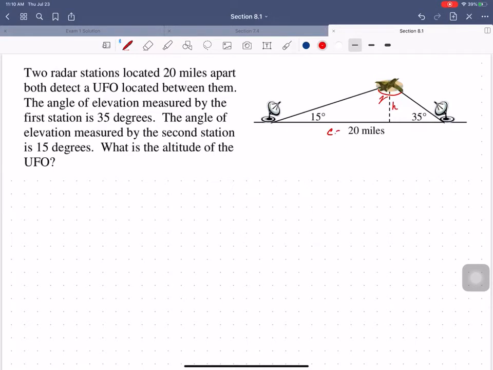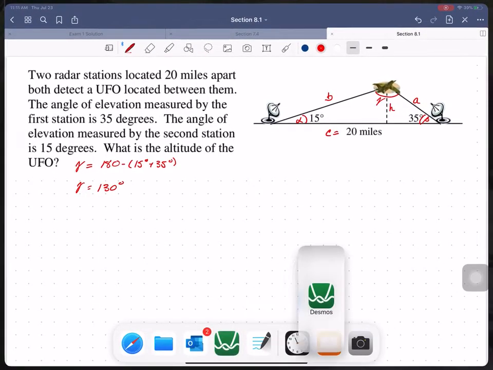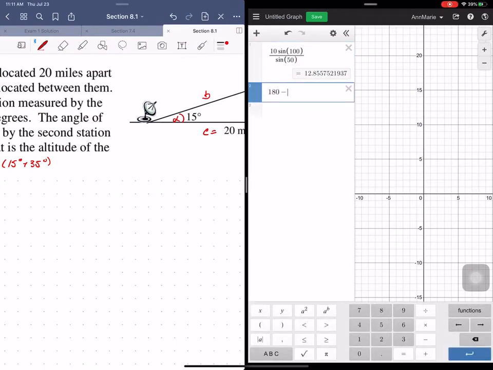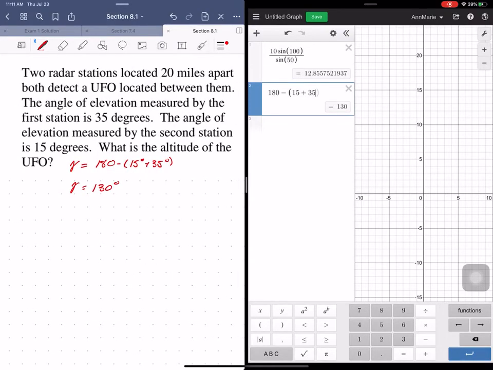That makes this C. This will be alpha, this will be beta, so this side is A and this side is B. I know that gamma is 180 minus 15 plus 35, which makes gamma 130 degrees, if I can add today. Yes, 130.